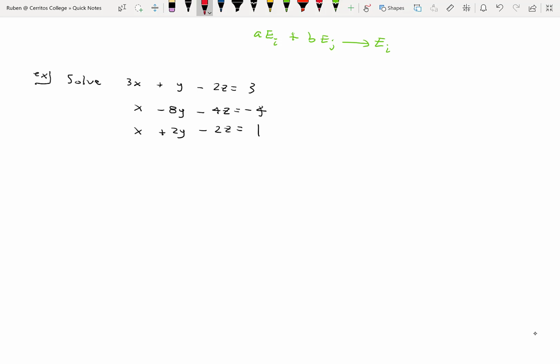Remember that the idea is to end up with x equals, y equals, and z equals somehow, to eliminate two variables from each equation so that we can simply identify x, y, and z.